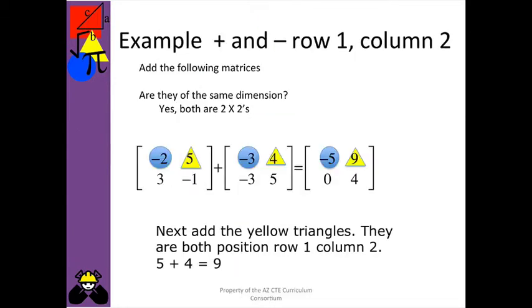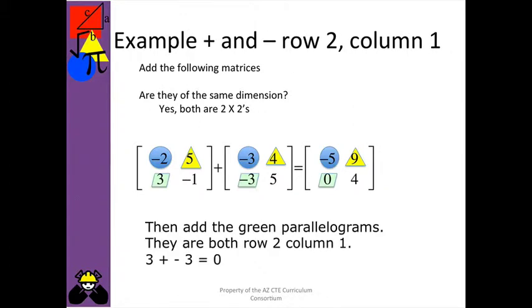Welcome back. All right, we would add row 1, column 2 to row 1, column 2 of the second matrix. So I have yellow triangles over there. So 5 plus 4 is 9. They're in the same position. And then what I did was continue on. Here we go. To get the 0 in the answer, I added these rhombuses in light green because I was really feeling creative.